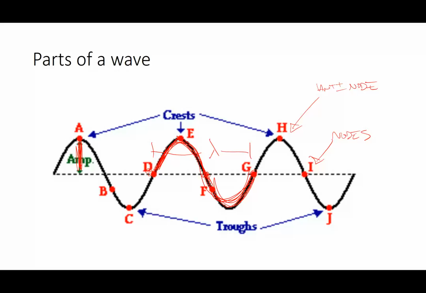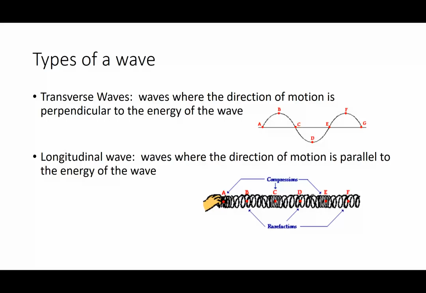So now we have all the parts of the wave. What are we going to do with these? First, we have to know all the types of waves. So there's two types of waves. A transverse wave is waves where the direction of motion is perpendicular to the energy. So these are all the waves that we typically draw. Ocean waves are transverse waves. Most of the waves that we think of in terms of wave dynamics are transverse waves. The other type of wave is a longitudinal wave.